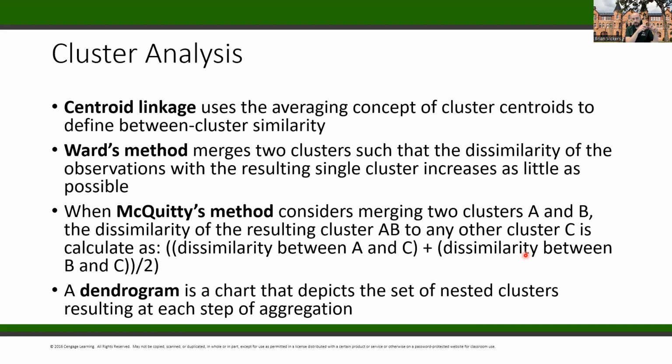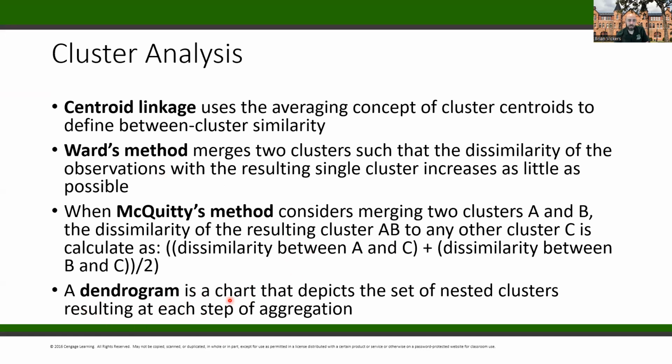So if we knew the distance between A and C and we knew the distance between B and C, average those two distances out, and now that's the dissimilarity between this new cluster, A, B, and C. So I'll go through an example of that on the other video. This is actually remarkably simple average. You just take this value, add them together and divide by 2. That's the answer. It seems complicated when it's worded this way, but we'll go through an example of that on the other video just to show you the math with the calculator and all that.